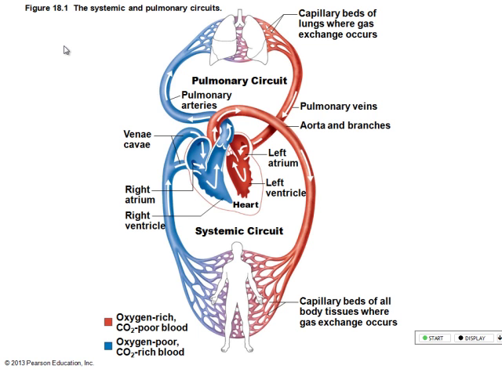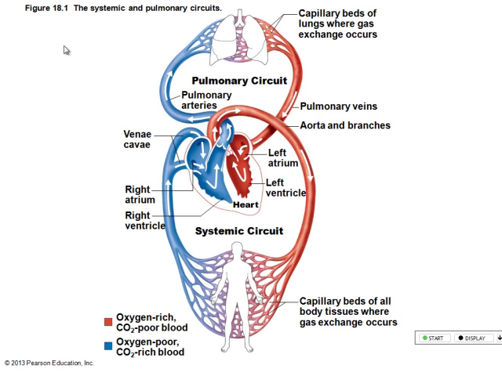The right side of the heart is called the pulmonary circuit, or the pulmonary pump. The left side of the heart is called the what? Systemic pump, or systemic circuit.